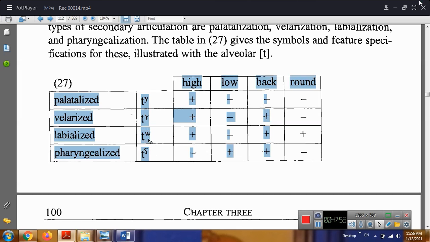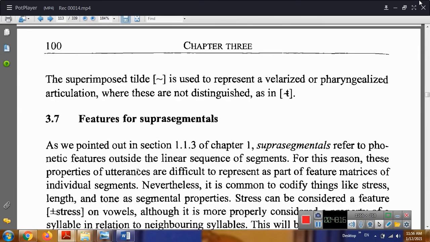Or for example, we have labialized sounds, which are plus high, minus low, plus back, and plus round. This is common sometimes at the beginning of a word.